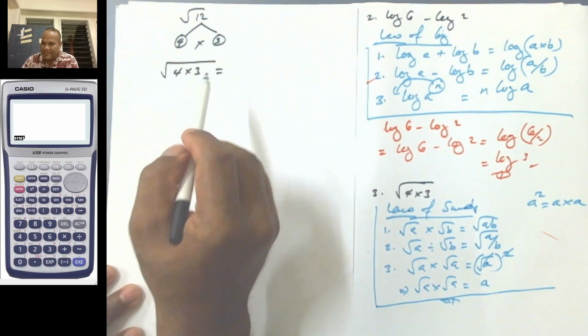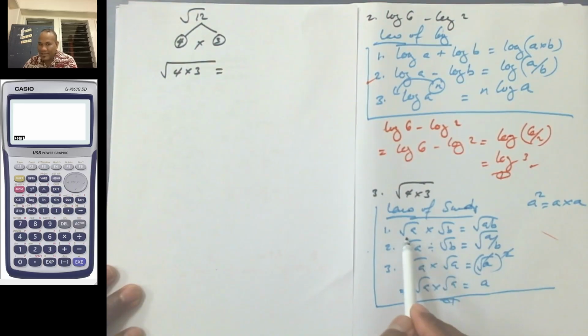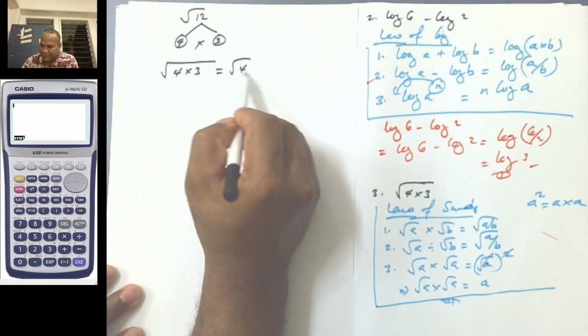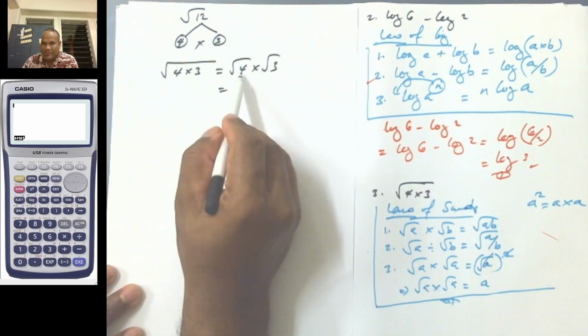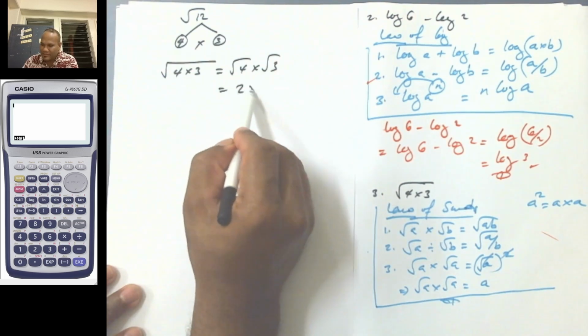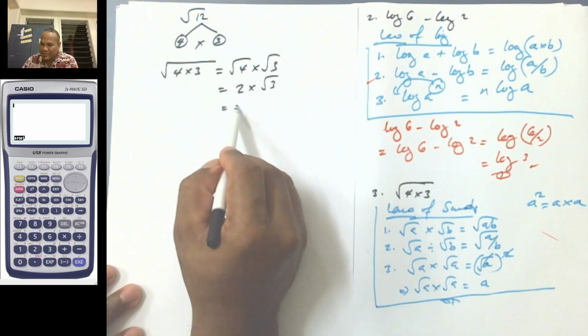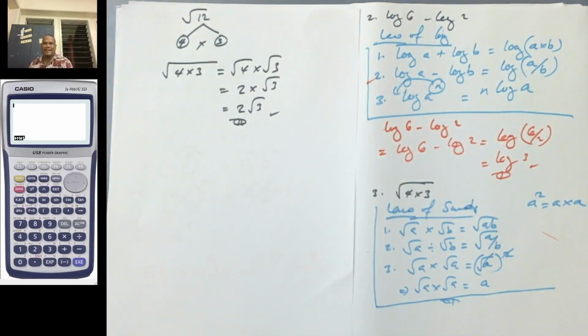So I can break this up, using the law here, square root of AB is equal to square root of A times square root of B. So what is square root of 4? Square root of 4 is 2, times square root of 3, and 2 times square root of 3 is 2 root 3. And that is your answer.